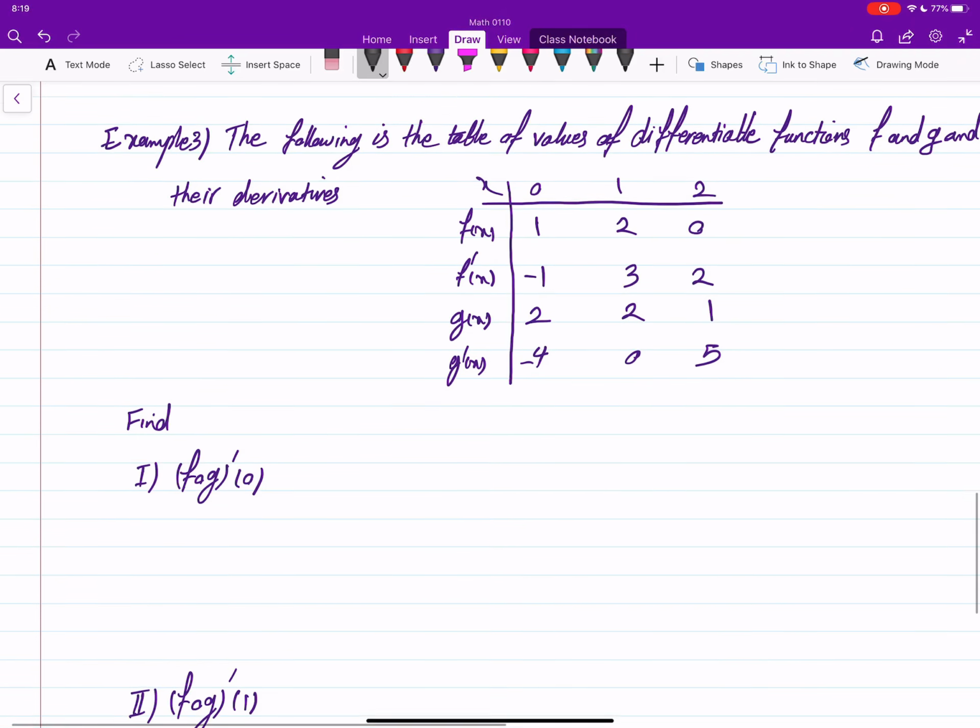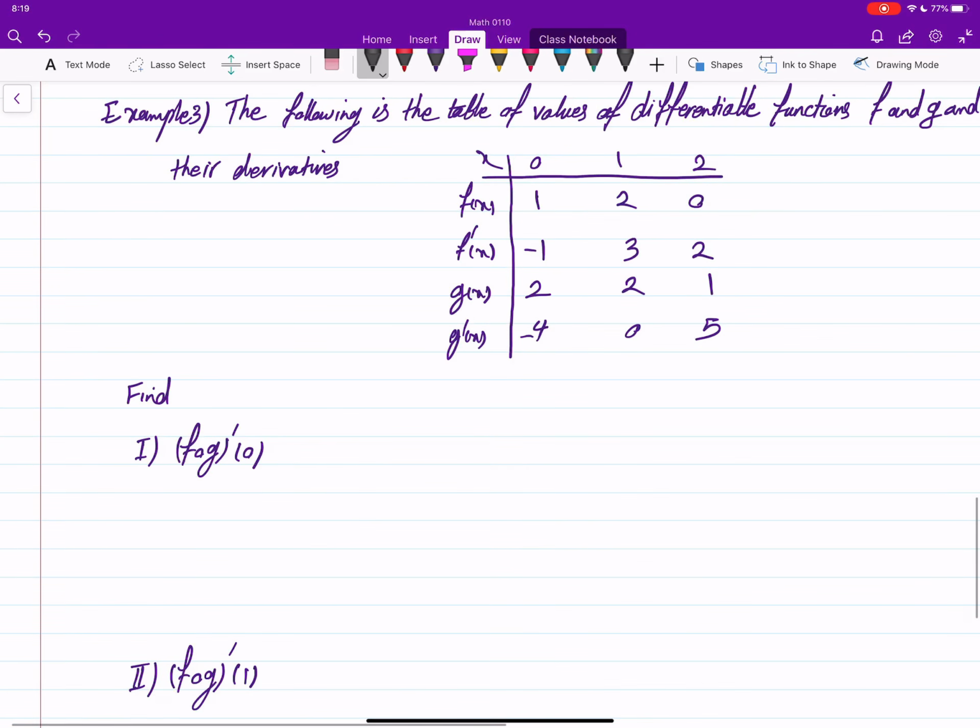Okay, let's do the last example. This example is one of those table-evaluating, table values things. So let me bring this a little bit up.